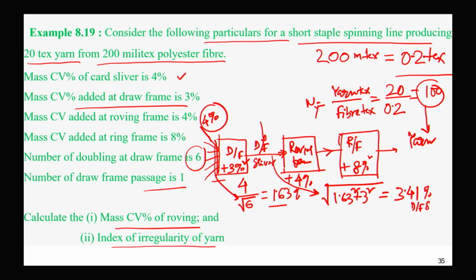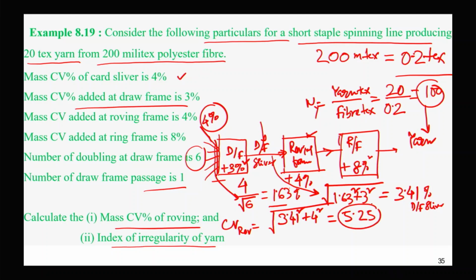Then roving is adding a further 4%. So the CV of roving will be under root of 3.41 square plus 4 square, which will come out to be 5.25.